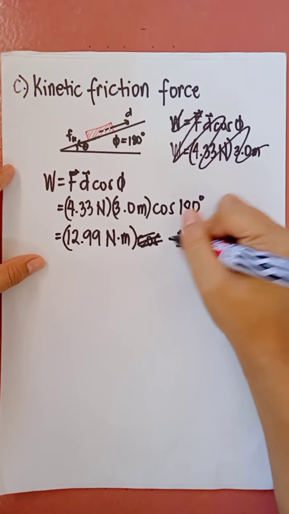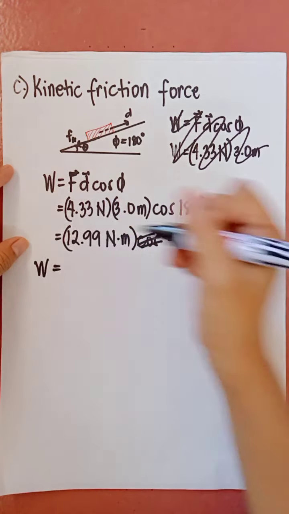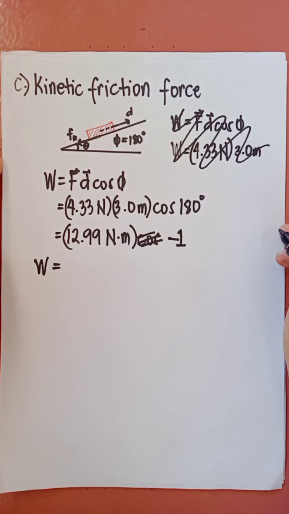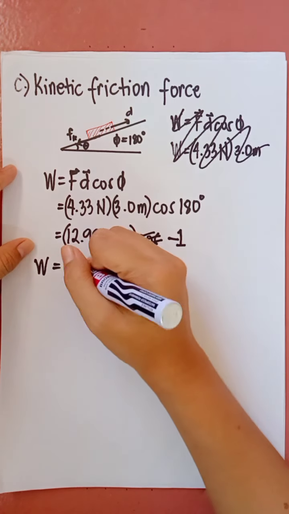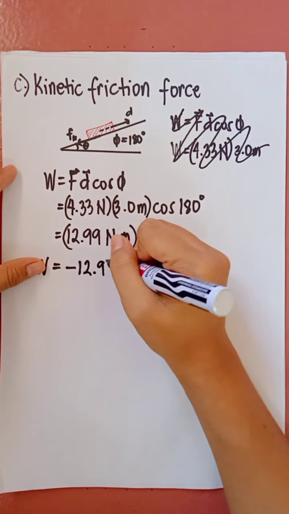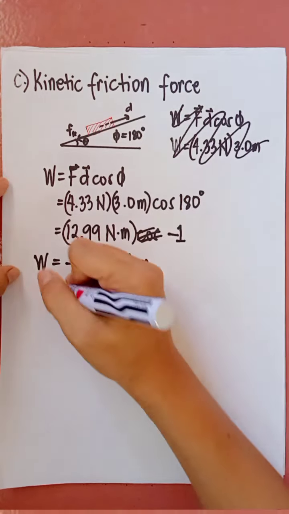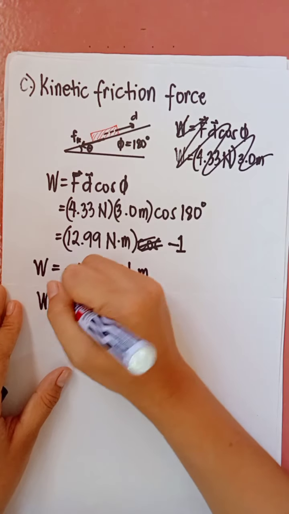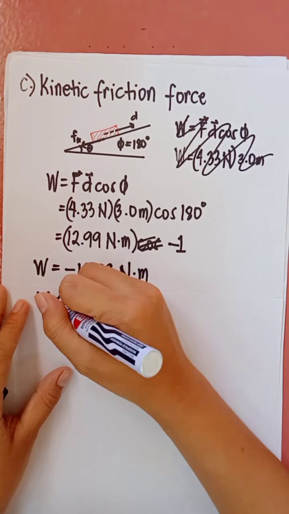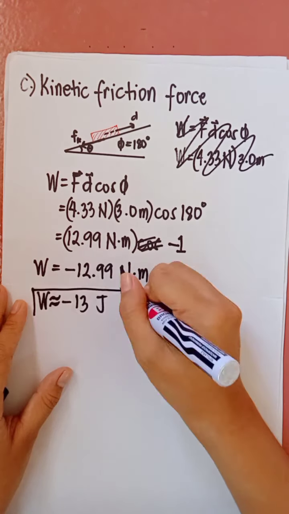Negative 1. So, for the work done on the block by the kinetic friction force, we have negative 12.99 newton meters, or approximately negative 13 joules.